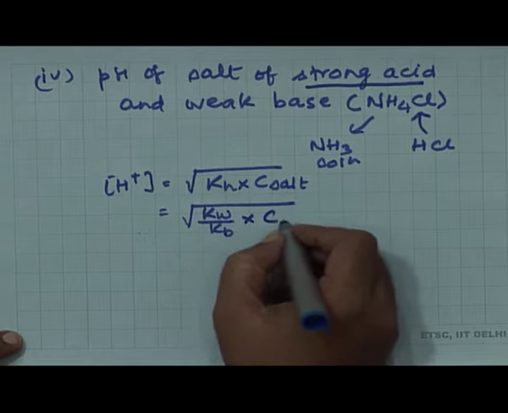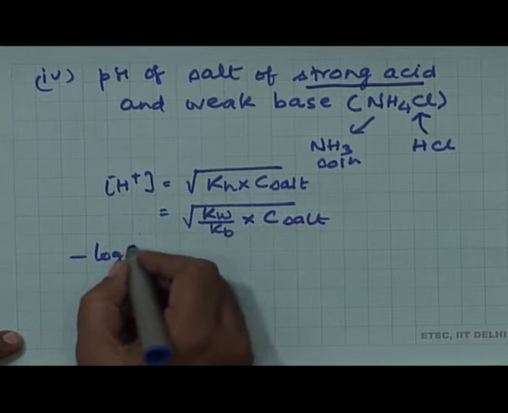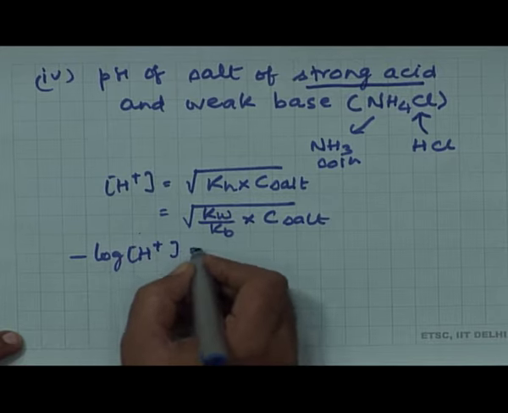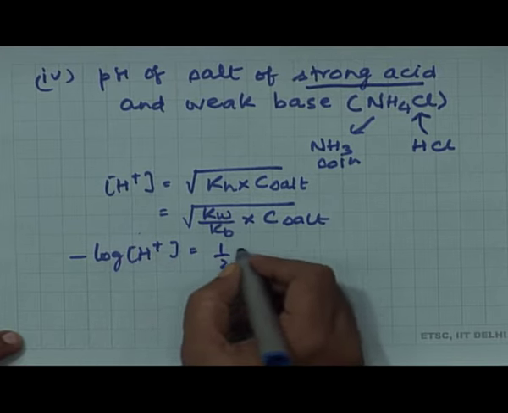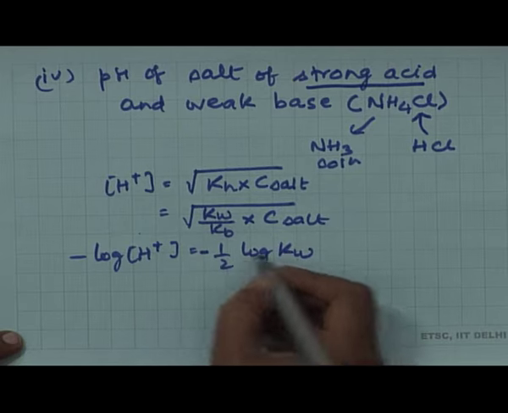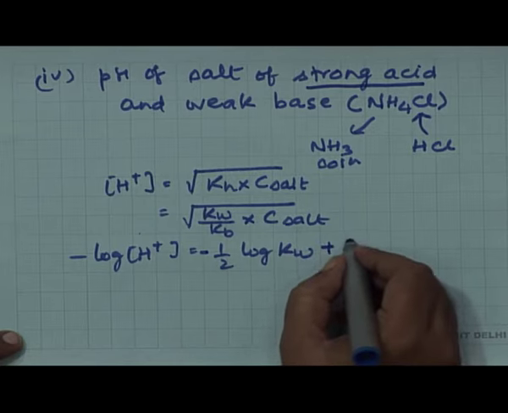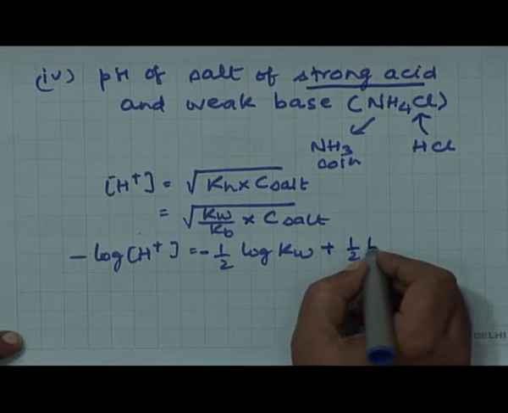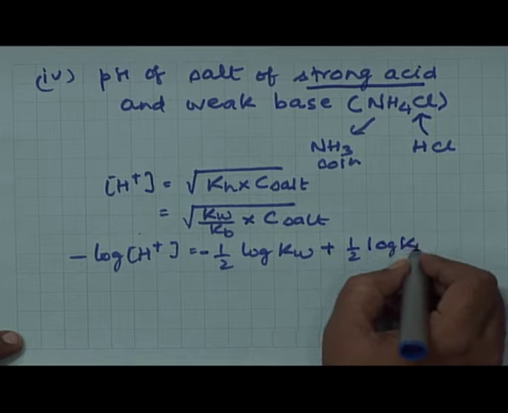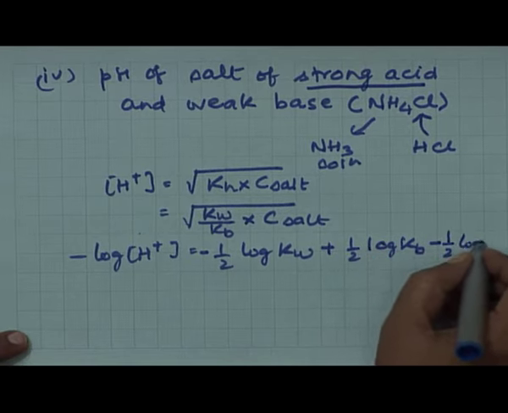If I take minus log H plus ion, this will give half log Kw with minus sign, and then minus minus plus half log Kb minus half log C salt.